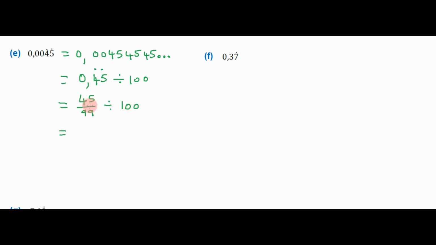We can simplify this. 45 into 45 goes once, and into 99 it goes... Then divided by 100 still. And we can write it as 5 over 11 times 100, which is 1100. We can simplify this further. 5 into itself once, and into 1100, 220 times.